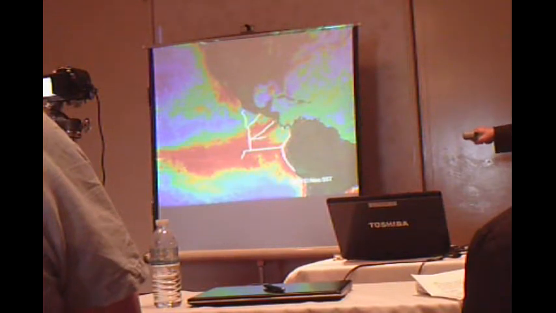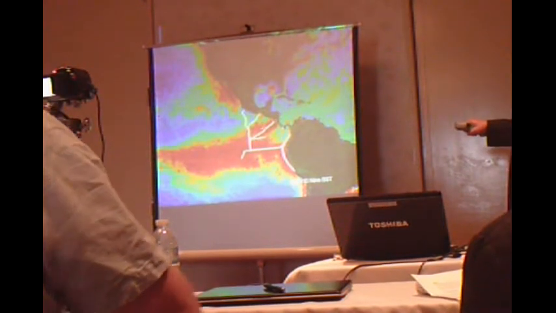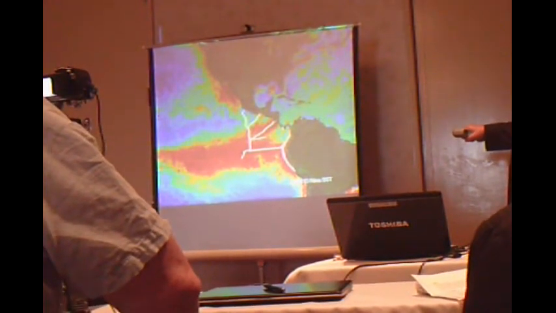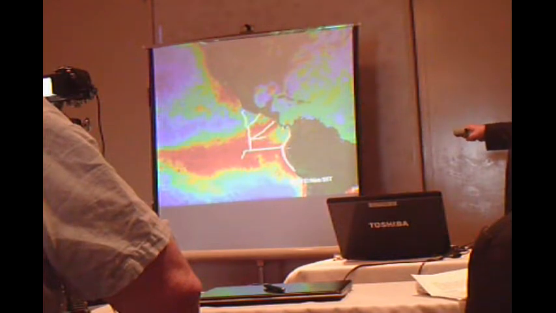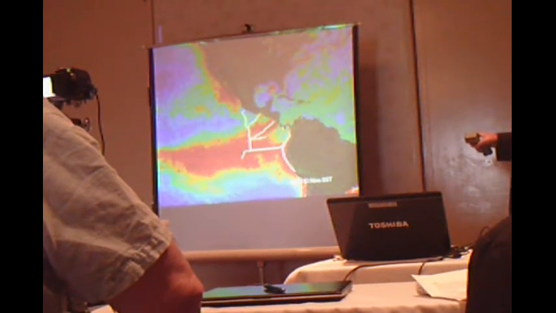But if you notice, there's this bifurcation right here. And it's interesting because the Cocos Ridge comes out of Central America towards Galapagos, and the Carnegie Ridge comes out here towards Galapagos. So you've got these interconnected ridges that bifurcate. You've got a sea surface temperature anomaly that bifurcates right above it.